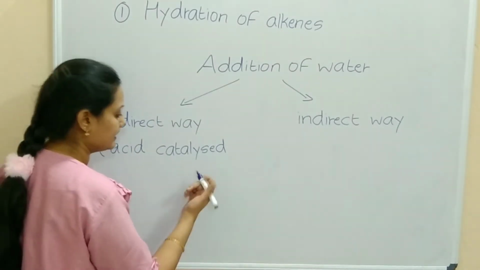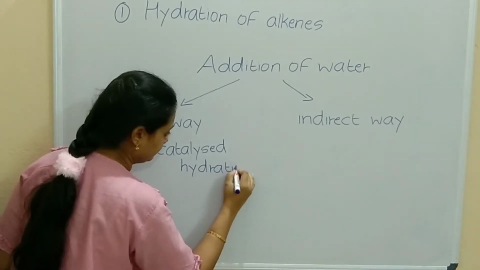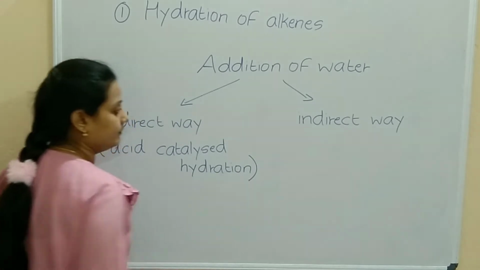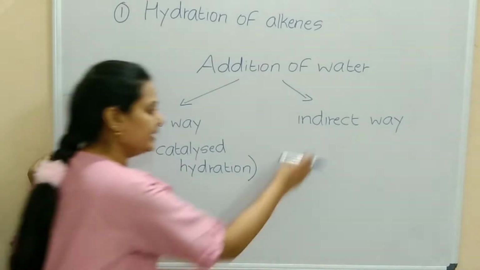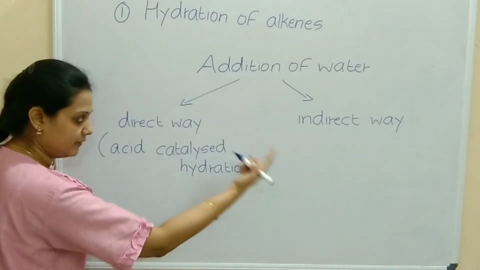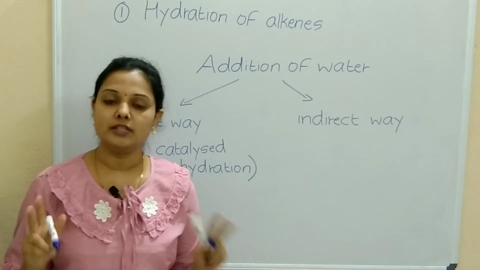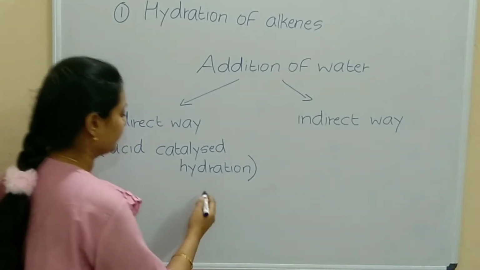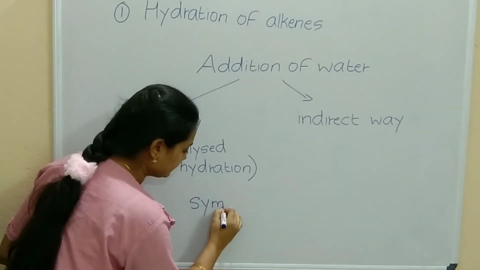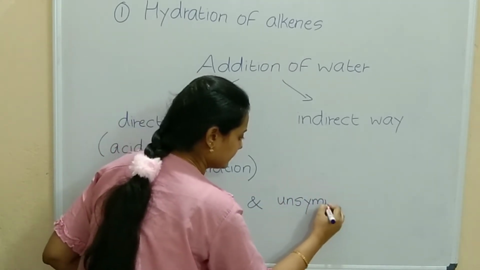So we write it as acid catalyzed hydration. Correct. Indirect way, we don't have any catalyst here. Both ways of adding, directly or indirectly, can happen in both types of alkenes, that is, symmetrical alkenes and unsymmetrical alkenes.